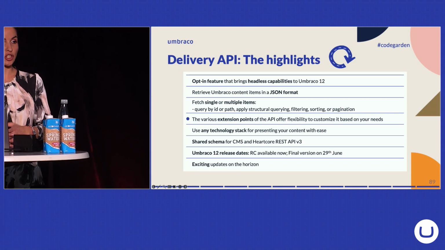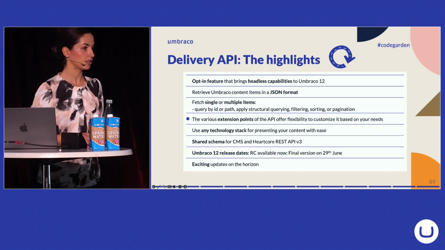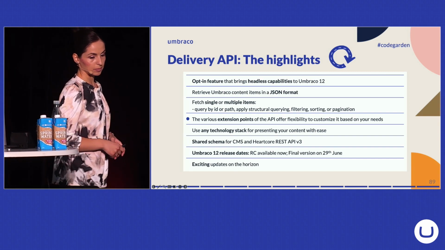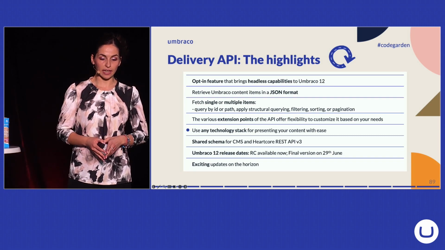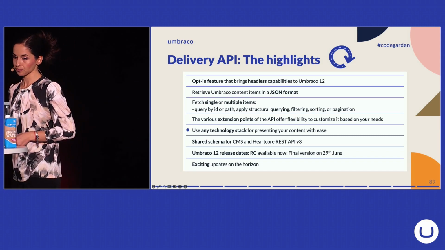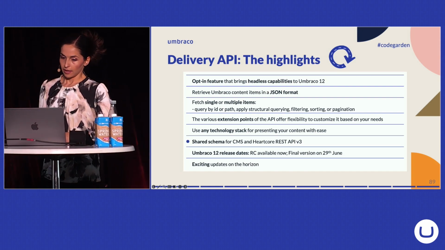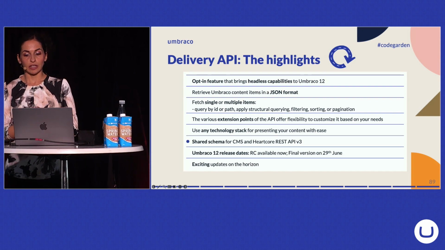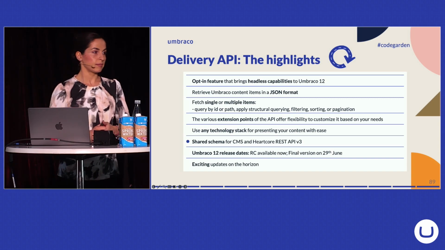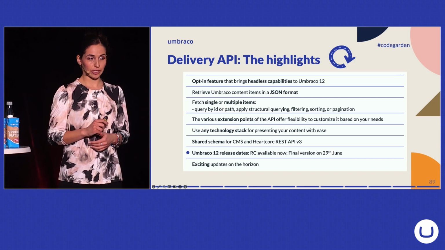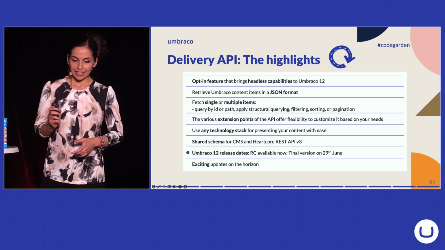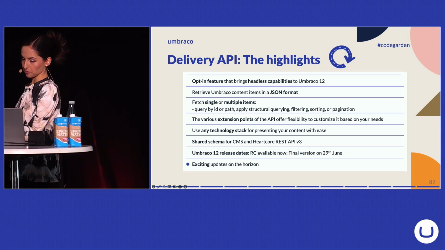There are various extension points for the Content Delivery API that allow for greater flexibility. You'll be able to use any technology stack for presenting your content. You've heard the advantages of the shared schema between the CMS and the upcoming Heartcore REST API version 3. You already know the release date, and there is even more to come.